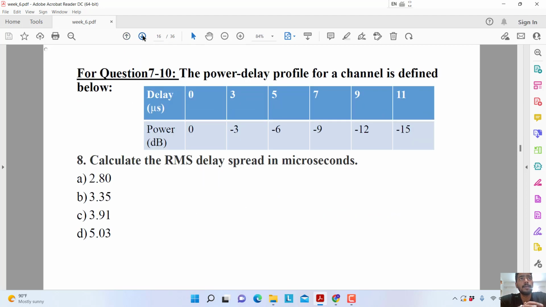So apply the formula and the concept of the coherence bandwidth. It should come in kilohertz.